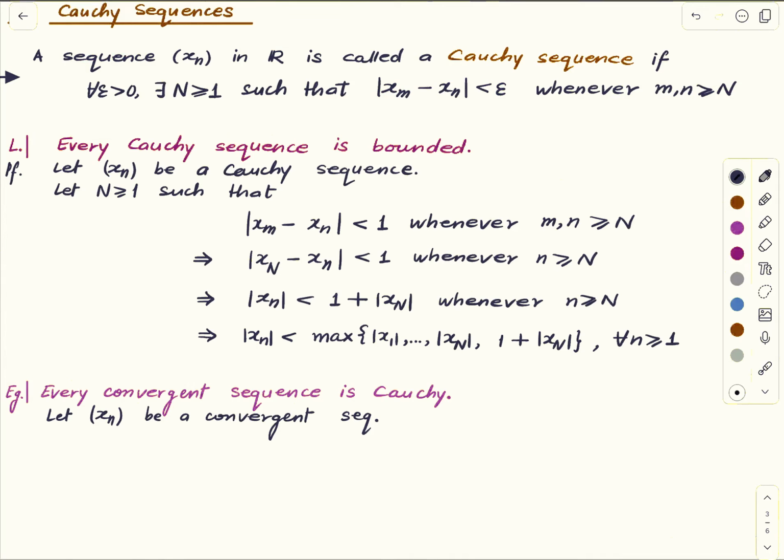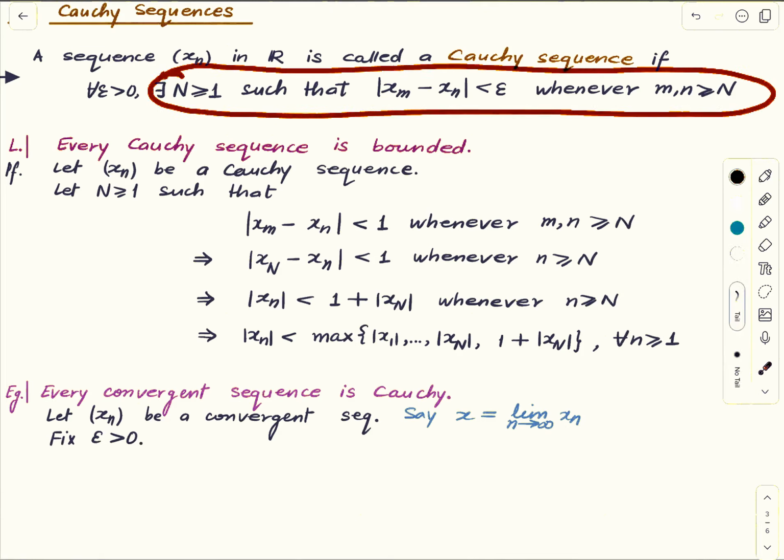So say x is the limit of this sequence. All right. So then by definition of convergence, fix some epsilon greater than 0. And once we have done that, we just need to show this part. To establish that the sequence is Cauchy, we need to establish that much.